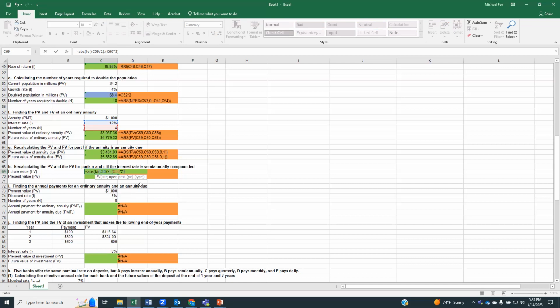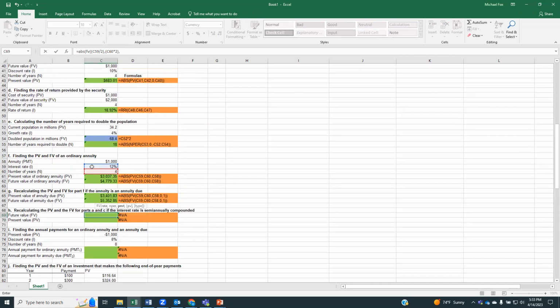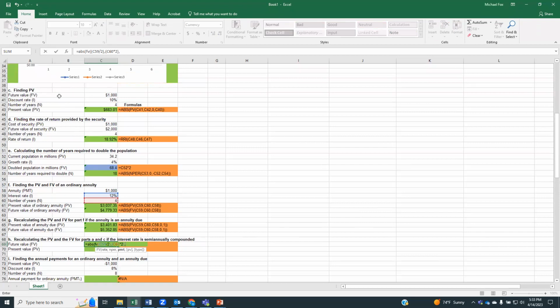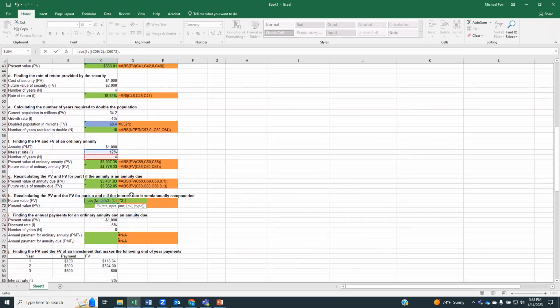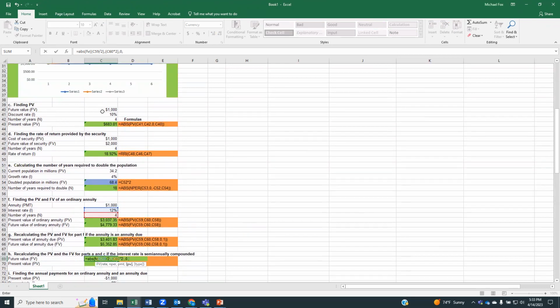Our payment, let's see. So this is back to part C, where it wasn't payments, it was just a single amount. So I'm going to say the payment is 0 and the present value was 1,000.